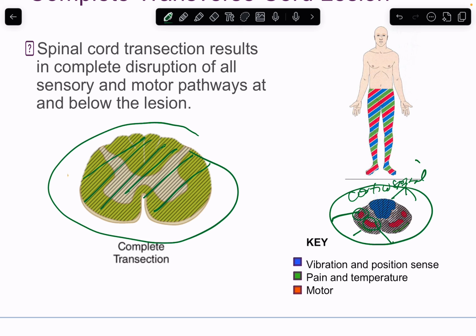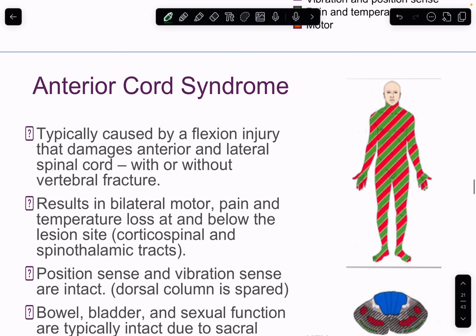So the green one is again the pain and temperature, which is your lateral spinothalamic tract. So you can see, therefore, motor and sensory are both affected.